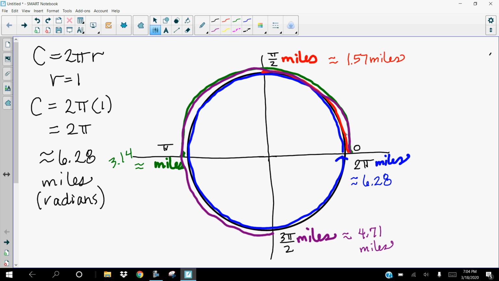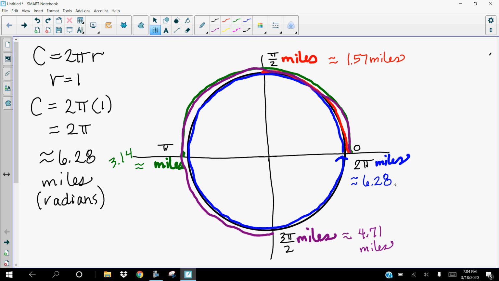So that distance, starting at 0, going all the way around the circle, it's about 4.71. Because 3 times pi, that's like 3 times 3.14 divided by 2, it's about 4.71. And again, if you walked all the way around the circle in blue, that total distance, the measurement of that entire circle is about 6.28, or exactly 2 pi miles, or radians.